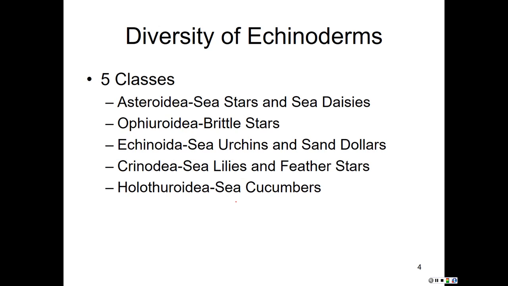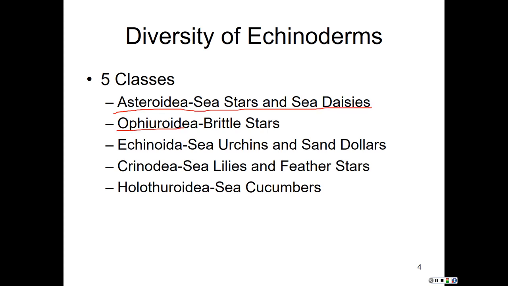So there are 5 classes of echinoderms that we're going to go over. And I know this seems like a lot, and it kind of is, but we're going to be looking at all of these in lab, so you kind of need to bite the bullet and commit these names to memory. So we have the Asteroidea, which are our sea stars and our sea daisies.